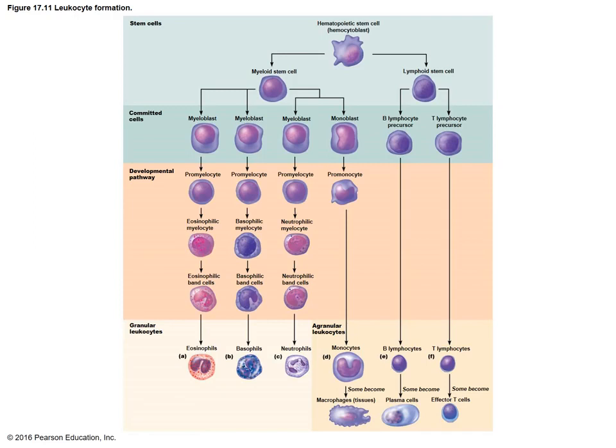Which way does it go from that hematopoietic stem cell? Most of them will become myeloid stem cells, and from there it becomes that committed step of forming either the eosinophils, basophils, neutrophils, monocytes, versus the lymphoid, which is going to eventually become T cells or B cells.